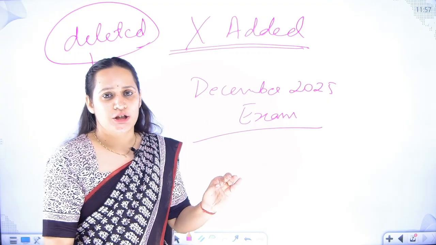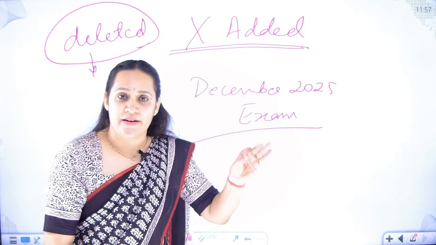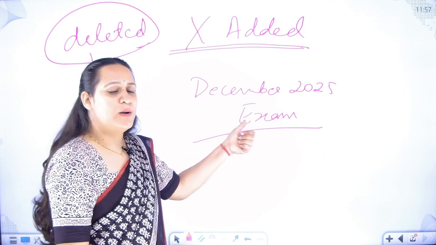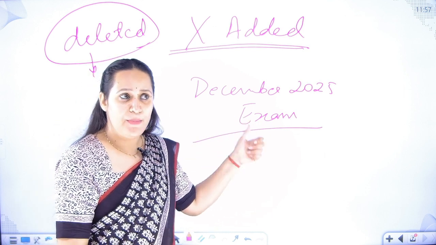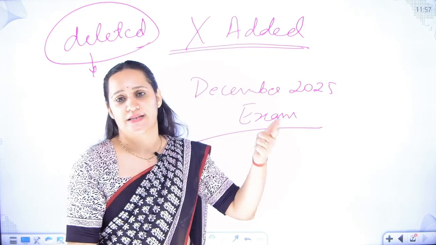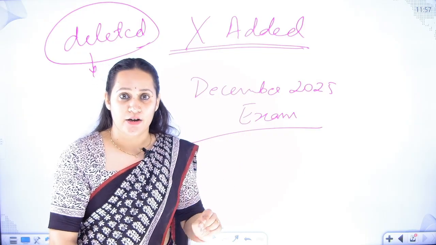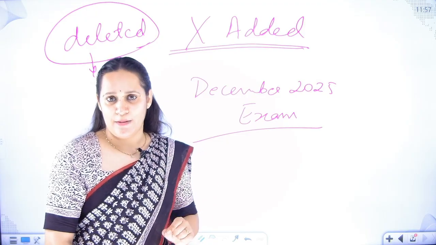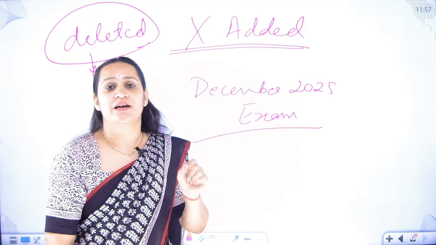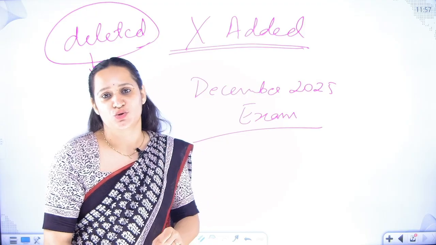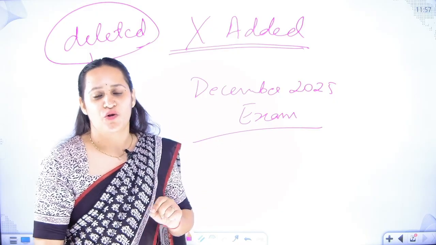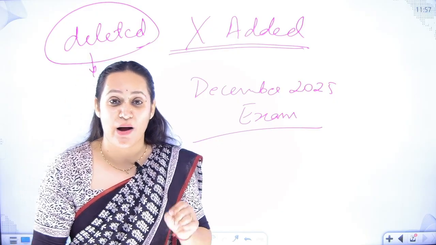If in the modification they would have added any new content, they would not have made it applicable from the December 2025 exam, but it would be applicable for the June 26 exam. Here, understand that there is no new thing that has been added. Only deletion has taken place. That is why for the immediate benefit to reach the students, they have made it applicable from the December 2025 exam itself.